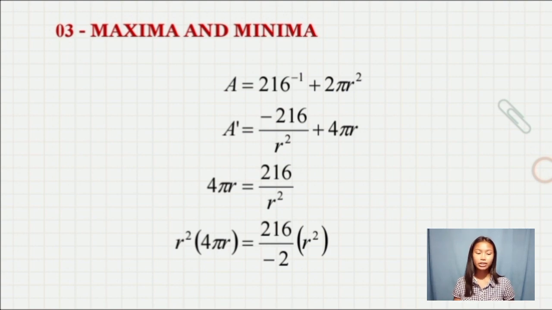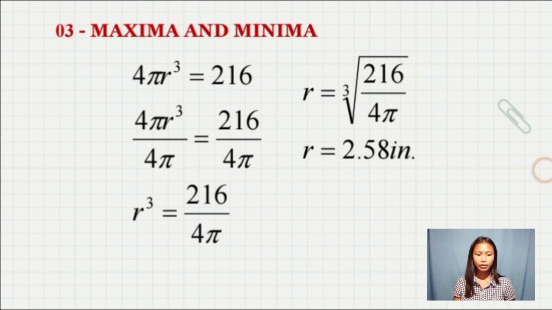To get the radius of the cylinder, we will now solve for 4 pi r cubed equals 216. Factoring the 4 pi r, copy the 4 pi and copy the 4 pi, canceling it out. What remains is 216 over 4 pi.